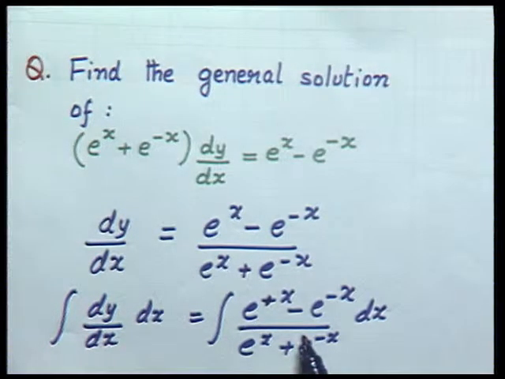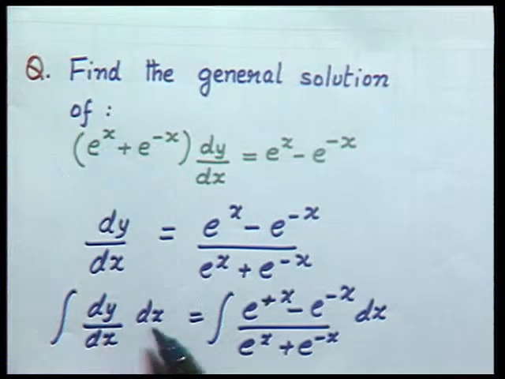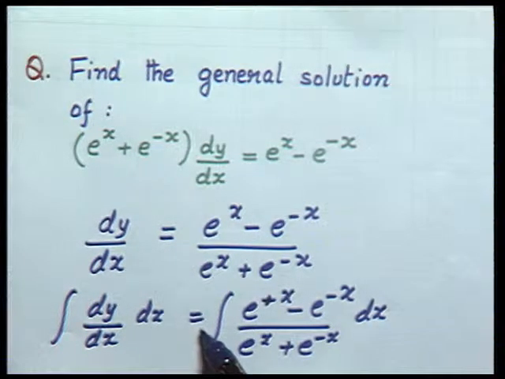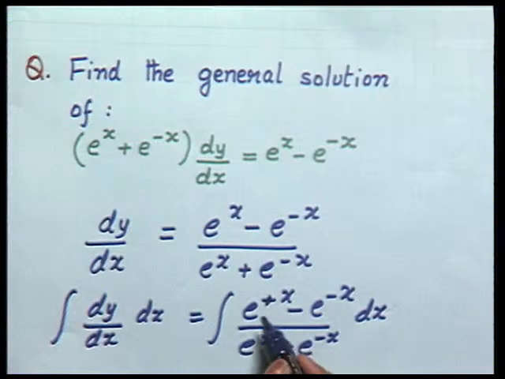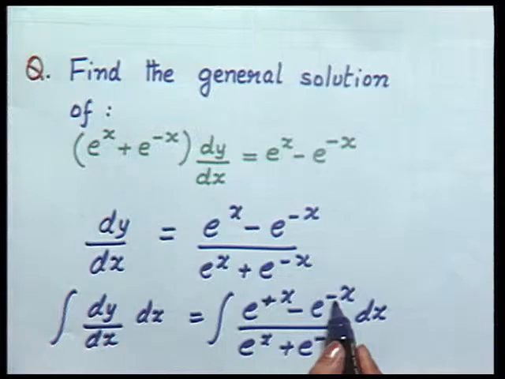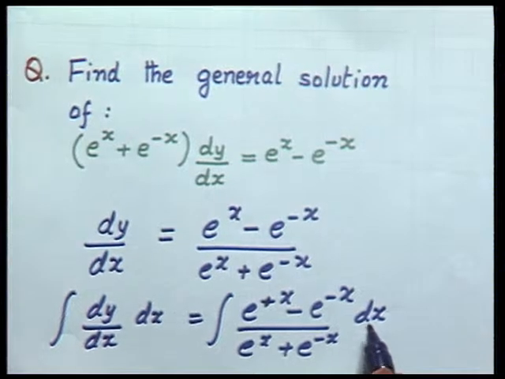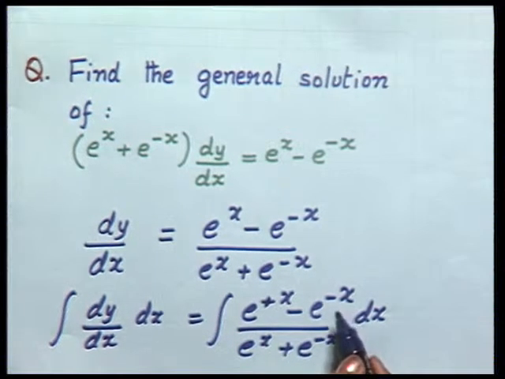We'll integrate both the sides with respect to x, and we have integral dy by dx with respect to x equal to integral of (e to the power x minus e to the power minus x) by (e to the power x plus e to the power minus x) with respect to x. Now this is also no trouble.